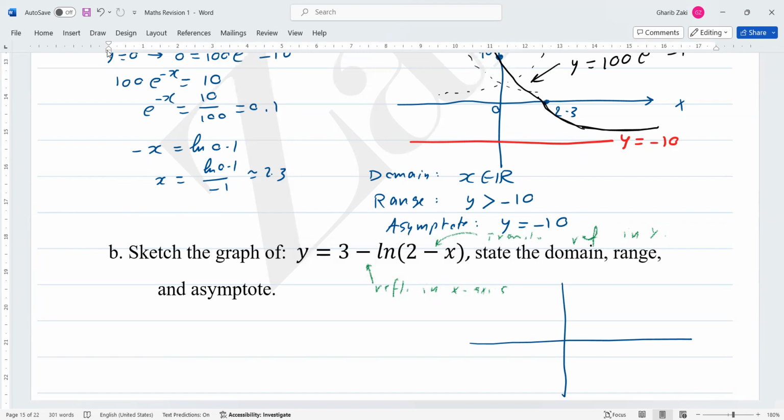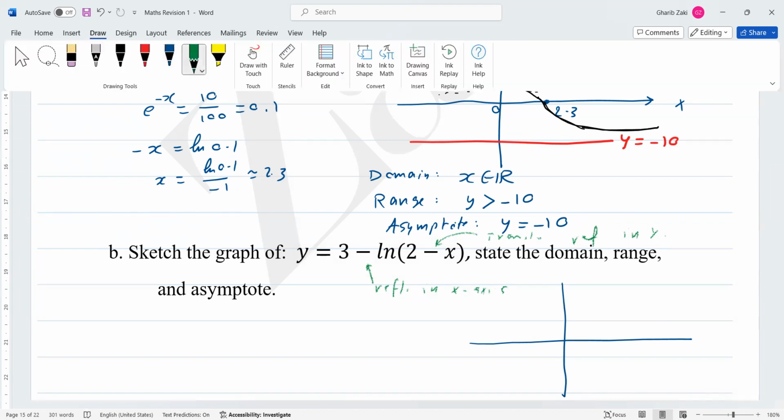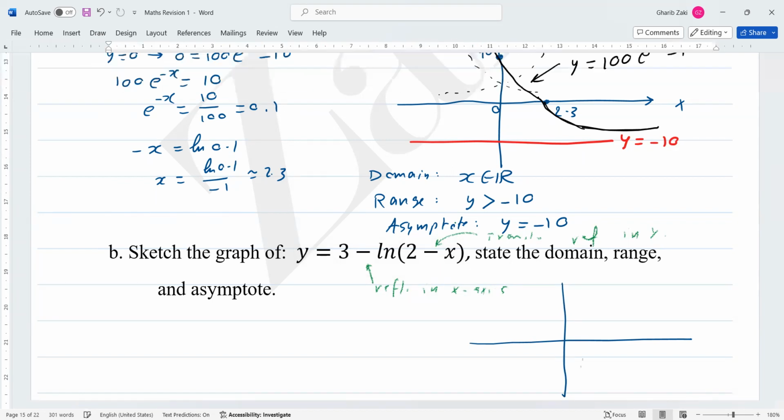First of all, what is len? Len, it looks like that. Now, we have negative with x. So first, negative in front of x, it is reflection in y-axis. Then it becomes like this. Okay?